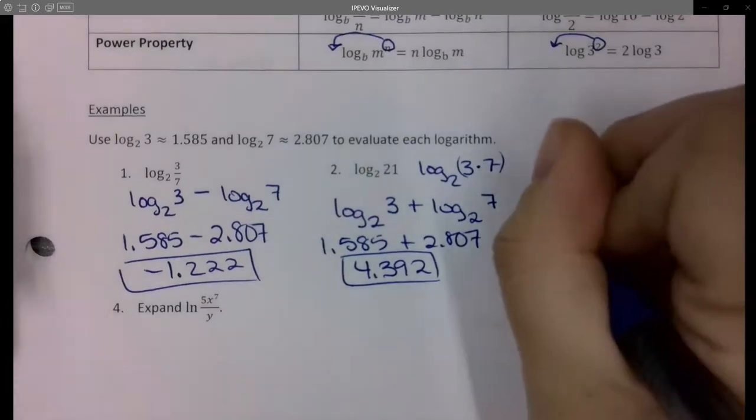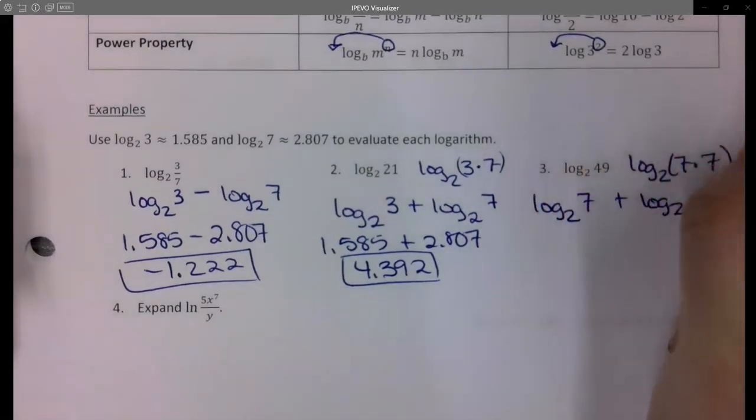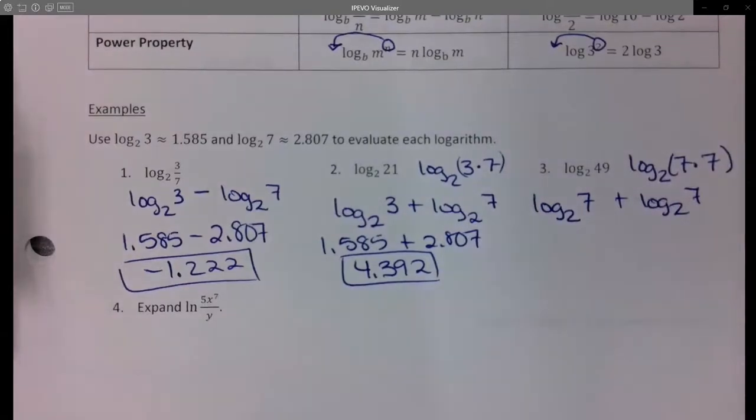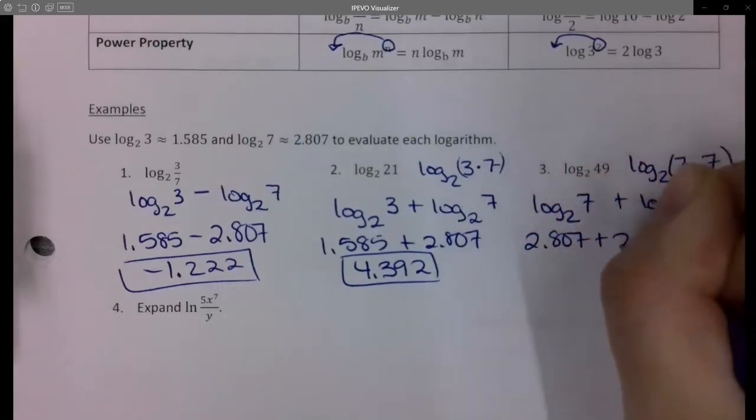So then I could split this up into log base 2 of 7 plus log base 2 of 7. Which is going to be 2.807 plus 2.807.